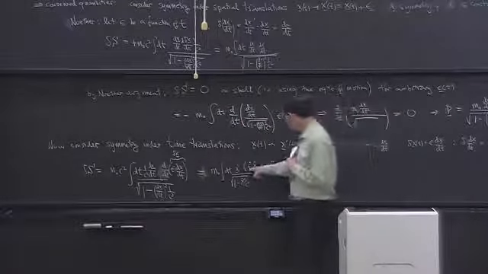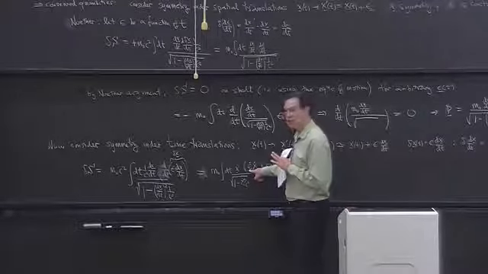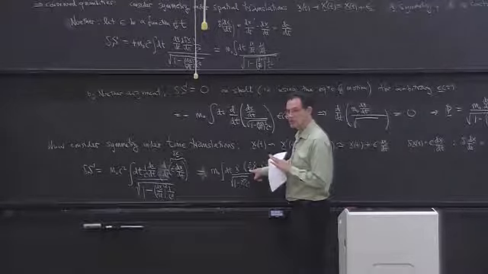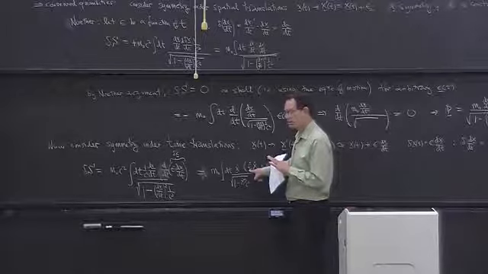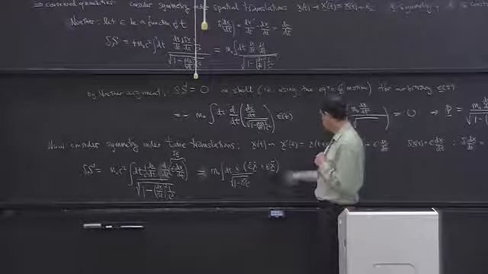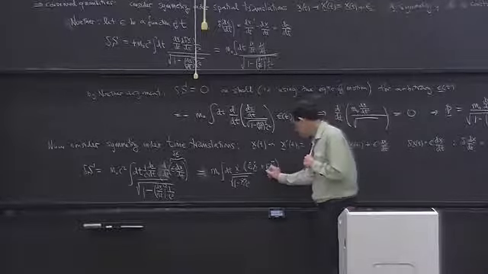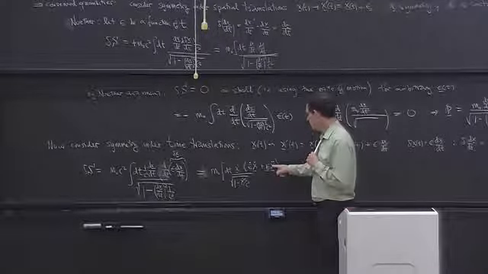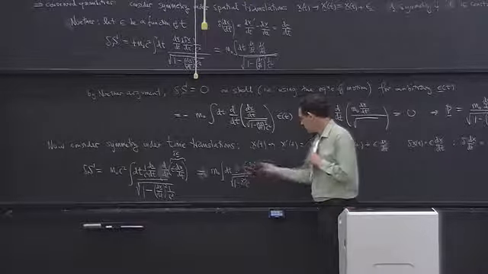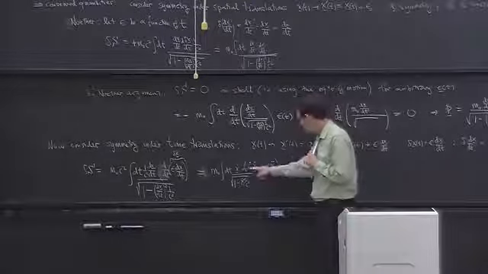And now what you notice, well, the first term is good, like I had before. It's something which would vanish if epsilon is a constant, but involves epsilon dot. The second term, notice the coefficient of epsilon here is a total derivative, right? Because it's d by dt of the square root.